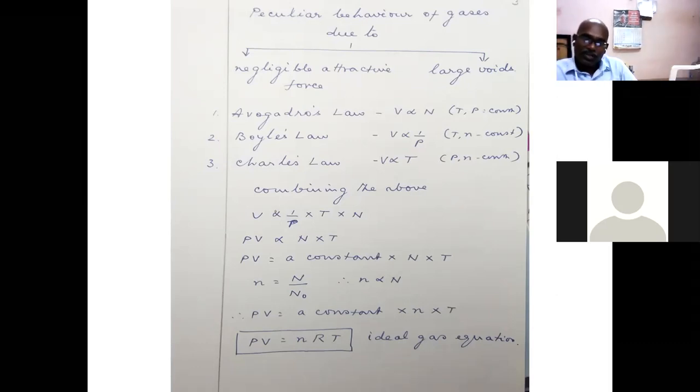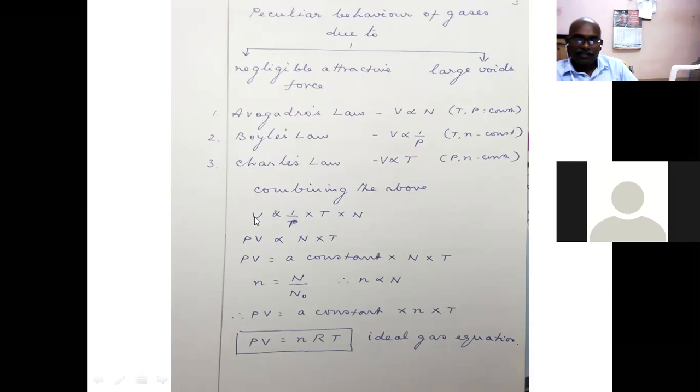So volume is directly proportional to temperature and the number of moles of the gas, and inversely proportional to pressure. I suppose you understand what I have written here. So this P can be brought to this side.